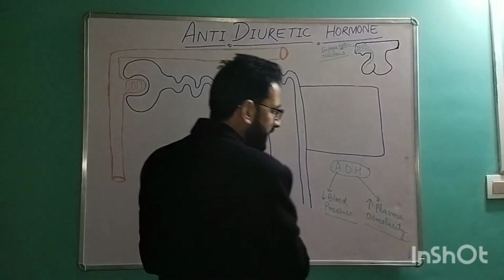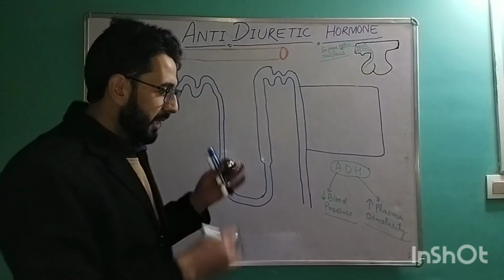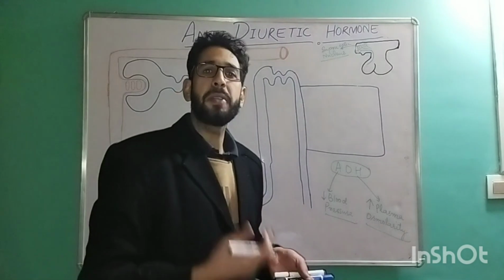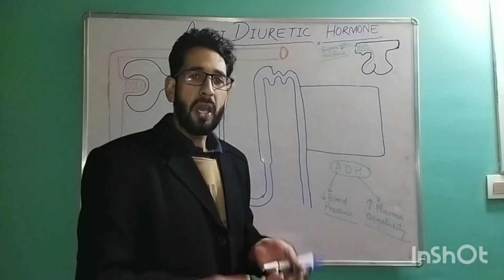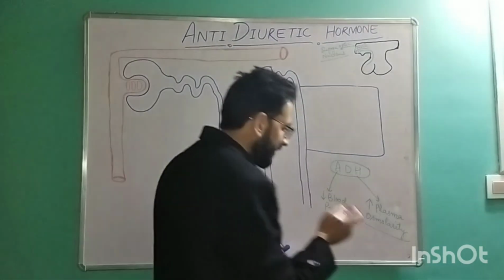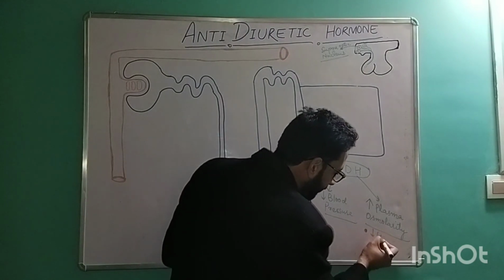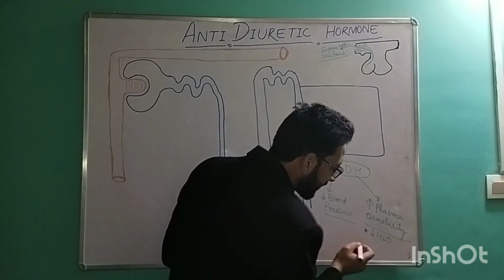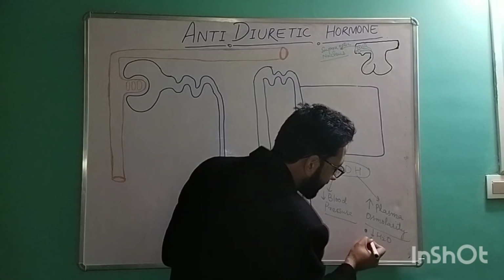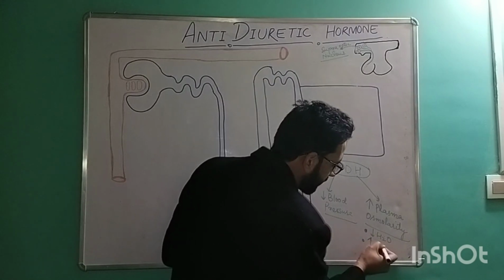Increased plasma osmolarity means our plasma is hypertonic or hyperosmolar. What do you mean by that? That means in our plasma we have a decreased amount of water and an increased amount of solutes.